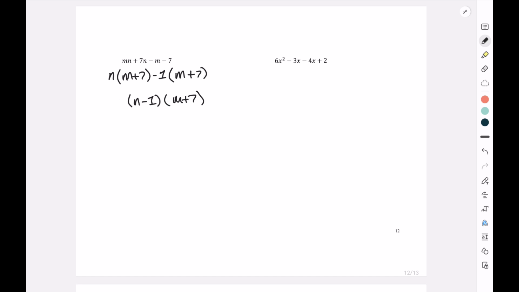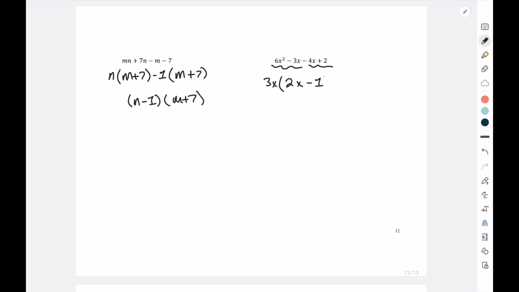So next we have 6x squared minus 3x minus 4x plus 2. And so we can see that we have our first two and our second two. And in the first two, we can see that we have a 3x in common. Pulling out a 3x from 6x squared, we will be left with a 2x.